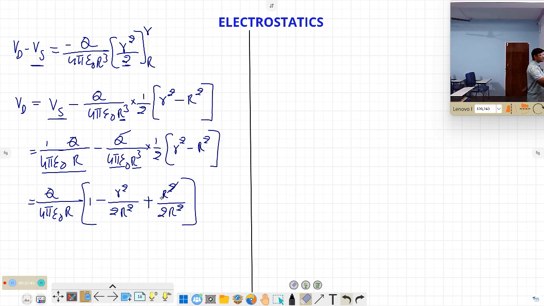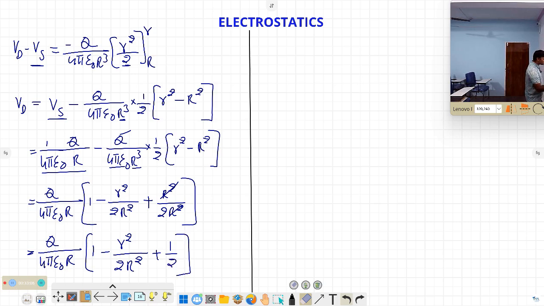Here I can cancel R square, so this equation becomes q by 4 pi epsilon naught R into 1 minus small r square by 2 R square plus 1 by 2.